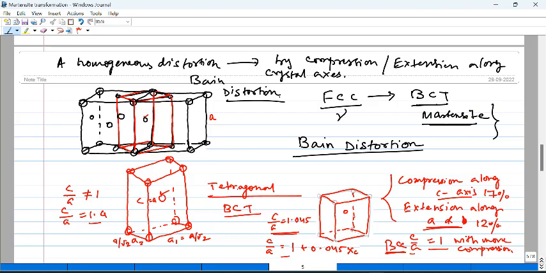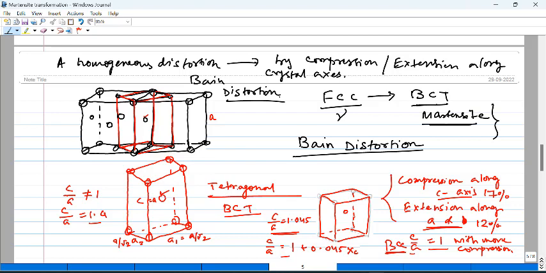In this change there is a distortion involved, and that kind of distortion which leads to a change in the crystal structure goes by the name Bain distortion. It is named after the person who proposed this theory, Edgar Bain.